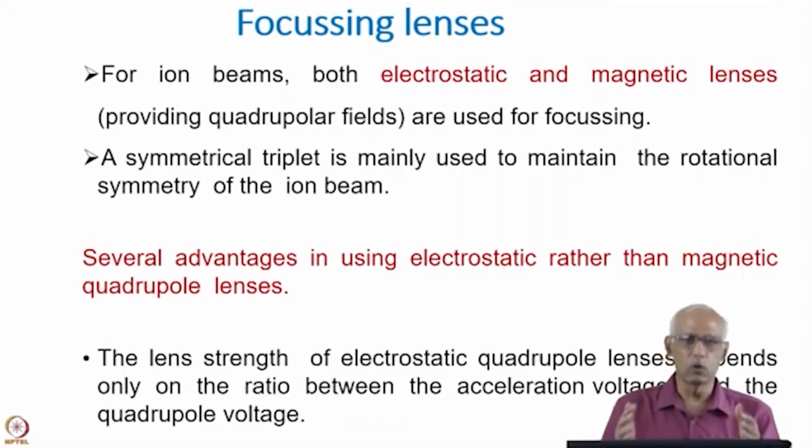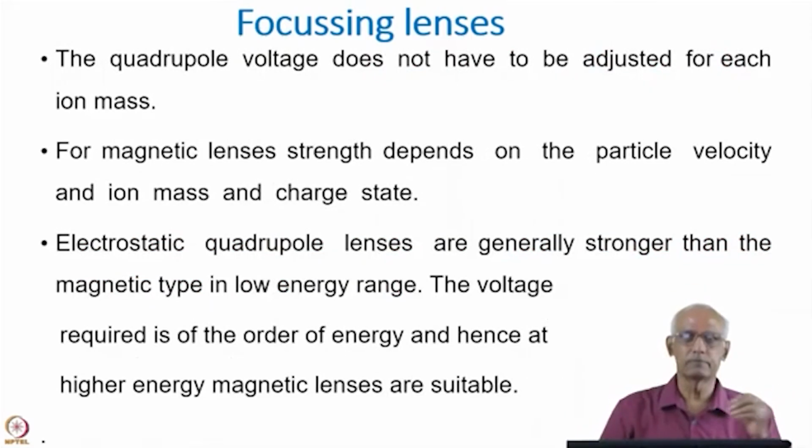However, for very low energies, another simple lens, which is called the Einzel lens, requires only one voltage, and the other two are normally grounded, but it's not necessary that they should be grounded, and they can be used. So there are advantages and disadvantages.